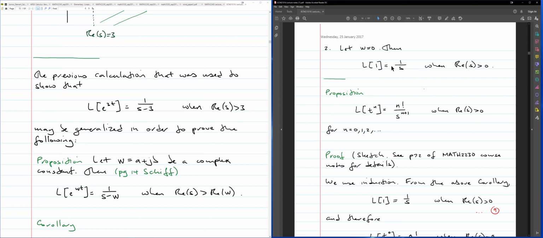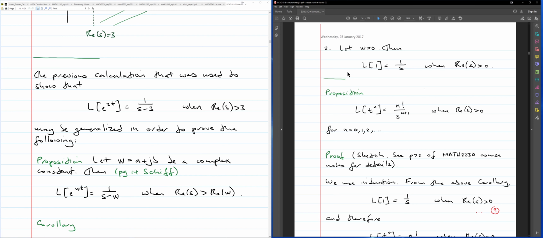So what I'm doing one more time is just using this result with w equal to 0. When w is equal to 0, inside this bracket I'm going to get e to the 0, which is 1, and on the right hand side I'm going to get 1 on s minus 0, which is just 1 on s.